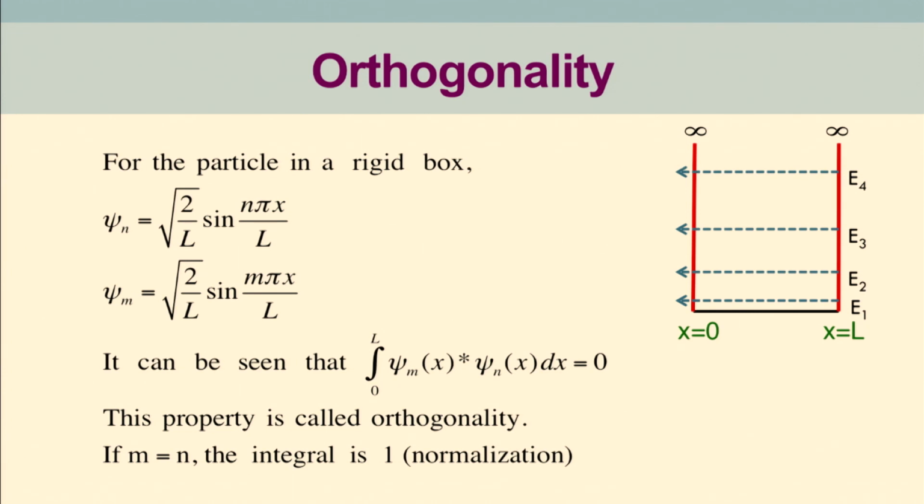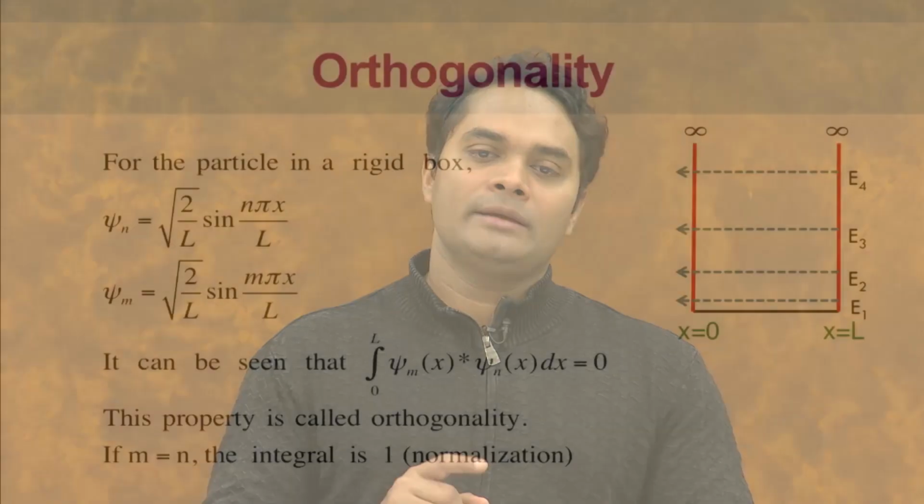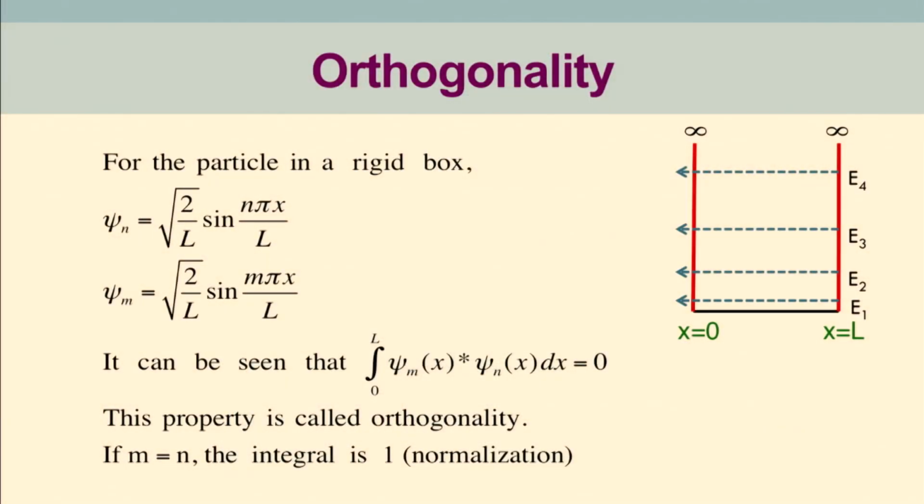N is an integer which goes as 1, 2, 3, 4, 5, and so on, not 0. If I consider another wave function psi m, denoted by another integer m, then one can prove that the integration of the product of these two wave functions, psi m star and psi n, is always 0 if m is not equal to n, and this relation is called the orthogonality relation.